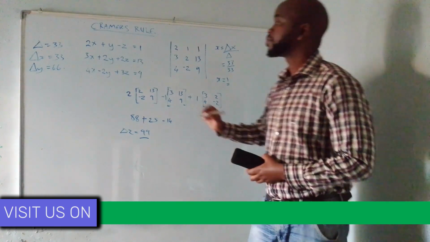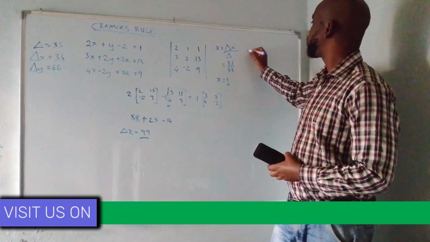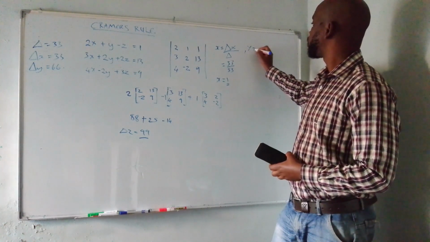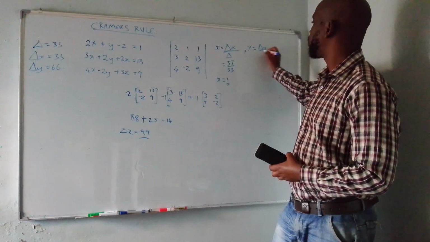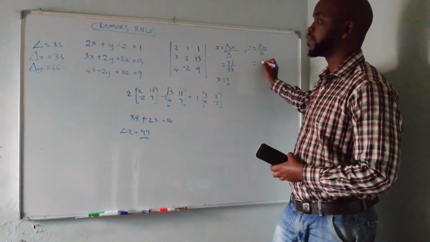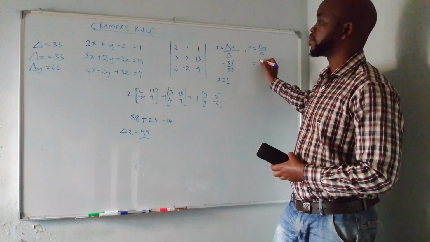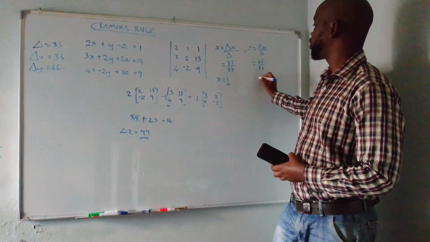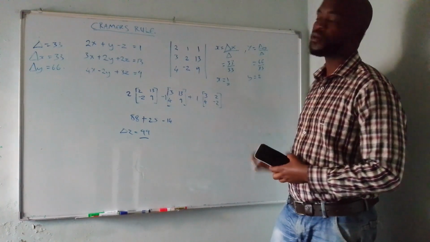Our y will be equal to change in y over our change, which will give us 66 over 33, which will be equal to 2. So our y will be equal to 2.